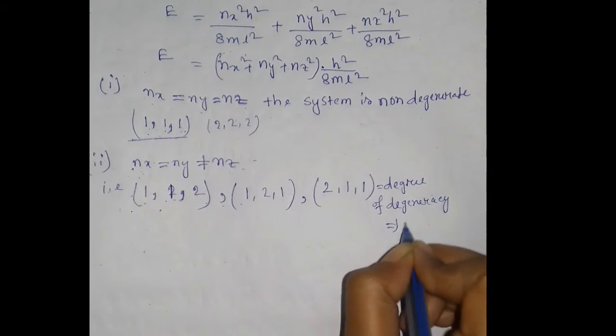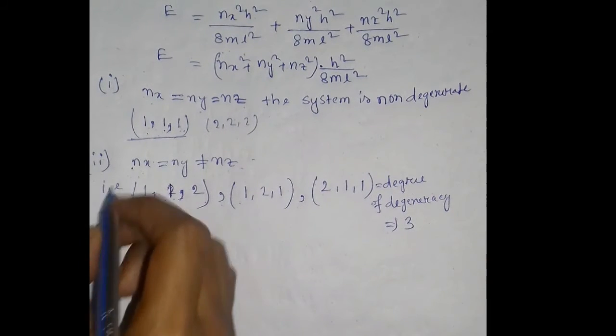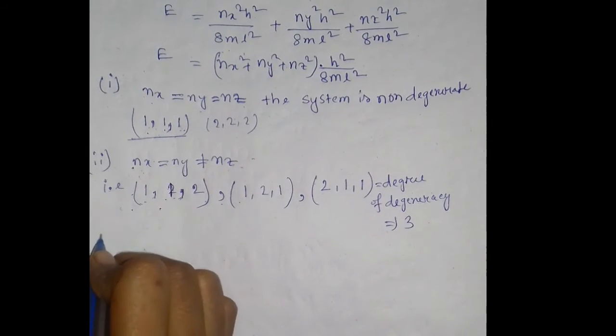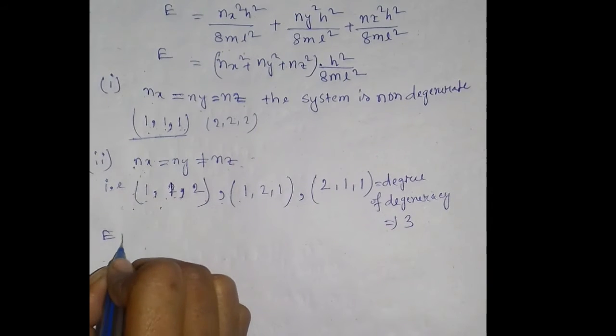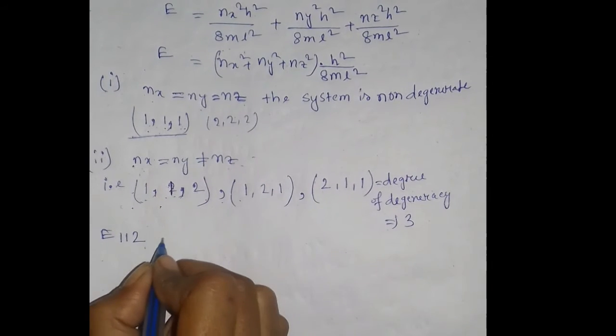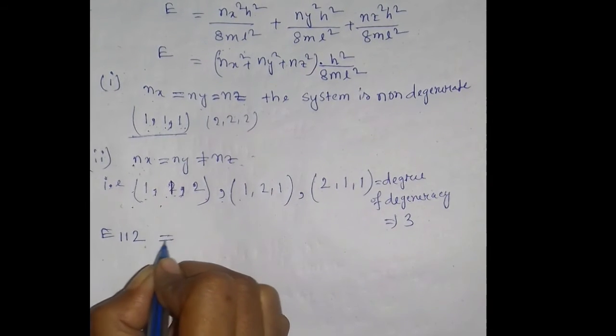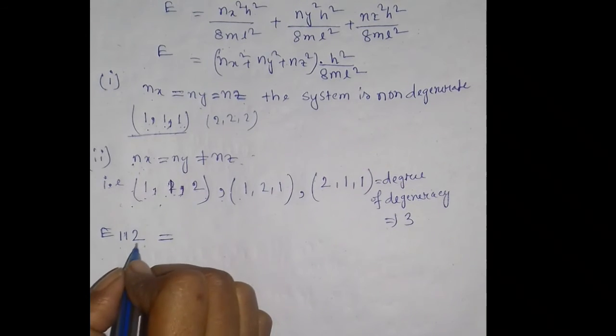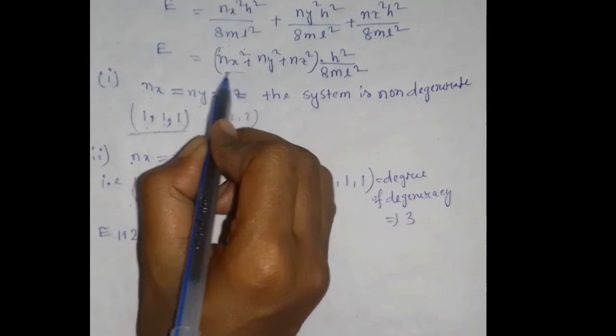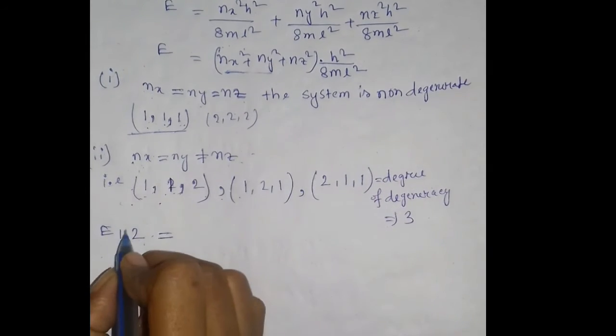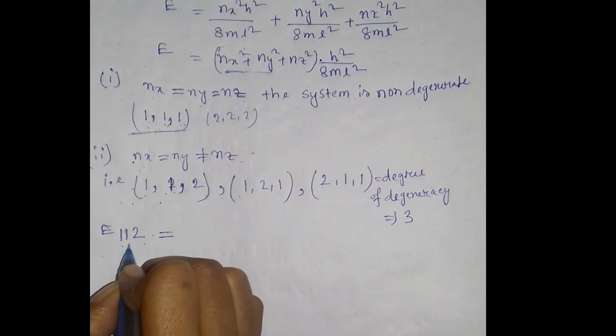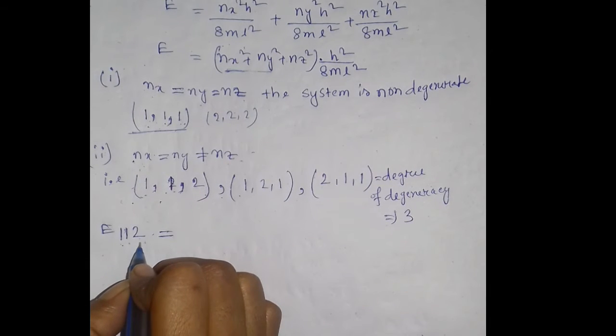If we calculate the energy value for E112, let's put it in this equation, where nx equals 1, ny equals 1 and nz equals 2.